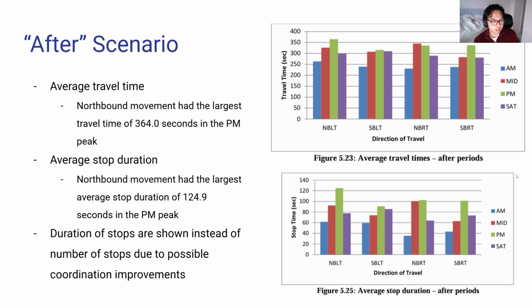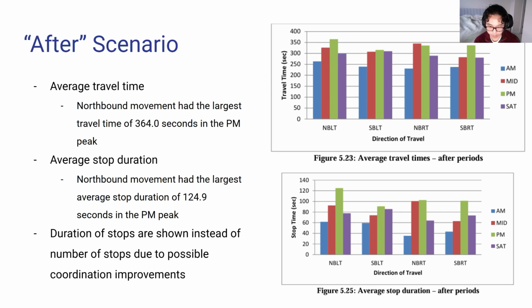So in addition, for average travel time, the largest was in the northbound movement at 364 seconds. Average stop duration was 124.9 seconds in the PM peak, also for the northbound movement. The number of stops was also collected, but the reason I decided to focus on duration of stops was because signals can be coordinated well.